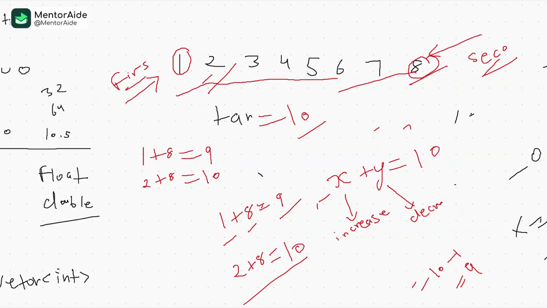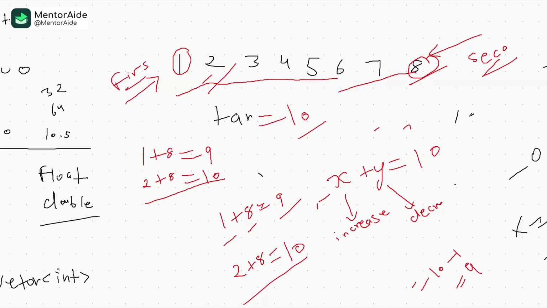Now, since we have already found the target, what should be our next step? What should we do with the first pointer and second pointer? Can anyone tell me? No one? Okay. So we are going to increment the first pointer and we are going to decrement the second pointer.